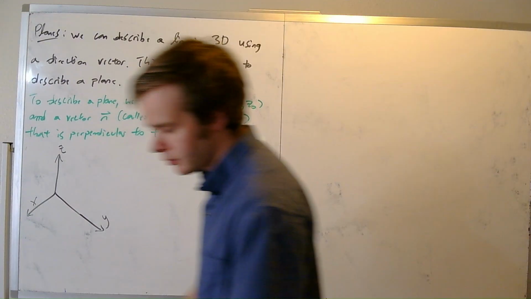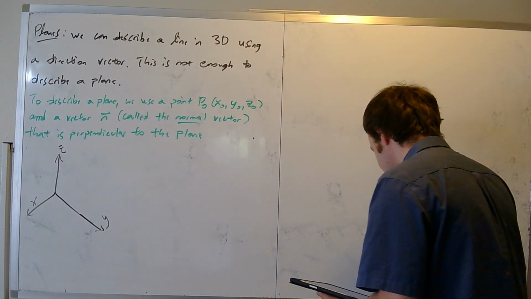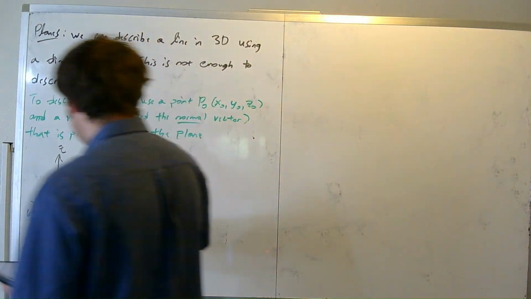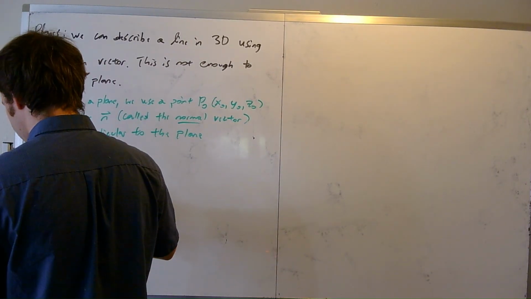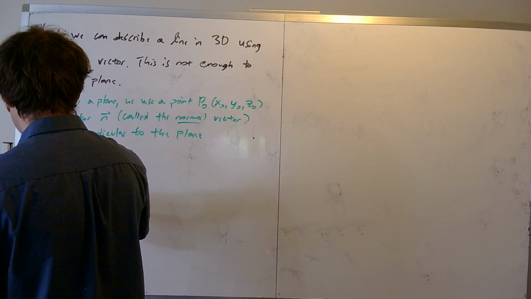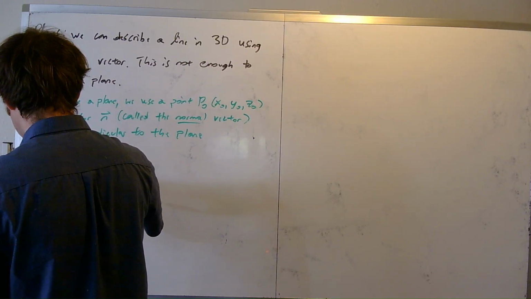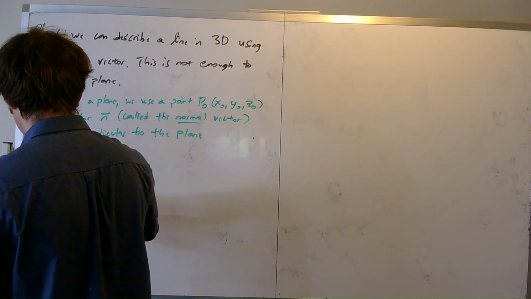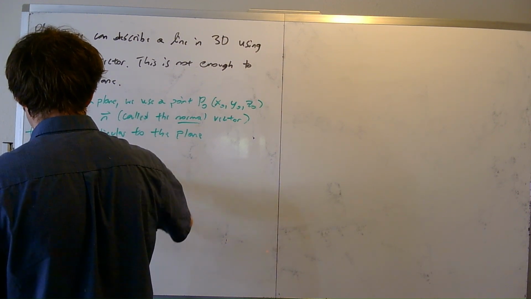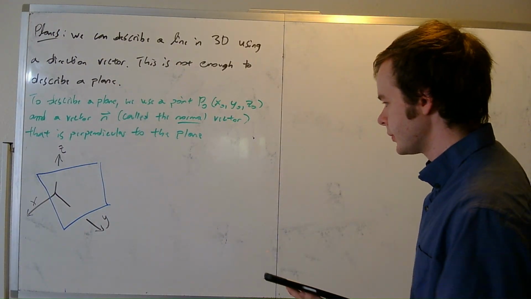But if that's our coordinate system, let's go ahead and draw the plane that we're talking about. This is a bit hard to draw, but let's say that that's the plane that we're talking about.